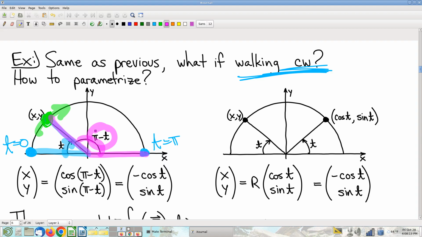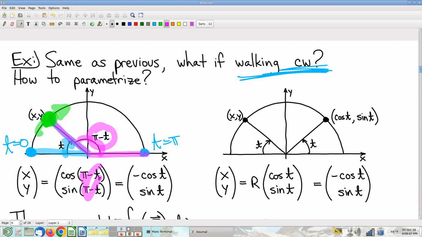So this angle T, this angle theta, because they add up to pi, theta is pi minus T. And so now, keeping in mind that what I actually wanted to know is where is this point x comma y. X comma y can be understood in terms of cosine and sine by way of the angle theta. And I have theta. Theta is pi minus T. And so x and y are cosine and sine of pi minus T. Does that work for everybody?